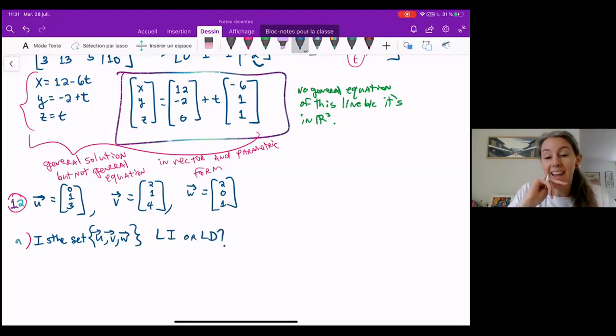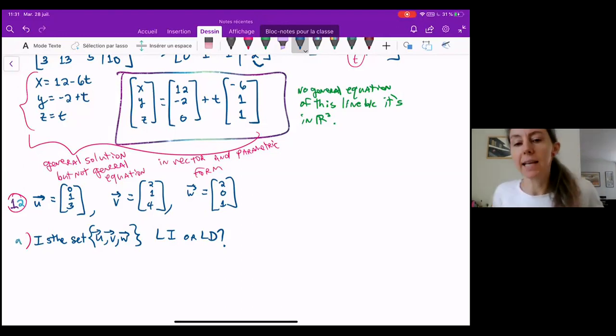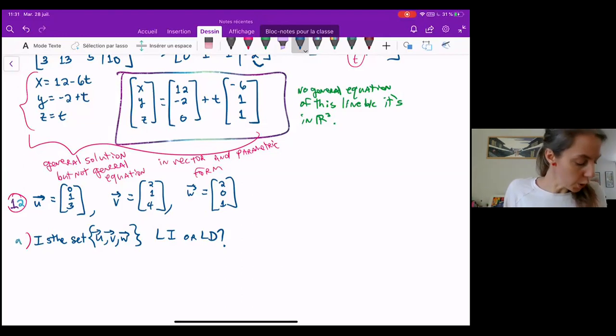So the answer is that I can't look at them and tell. I have to row reduce. So I have two options here. I could take the determinant or I could just row reduce. But the second question is asking me what they span. So I'm going to actually row reduce here. It's 3 vectors, so we have to do something. We have to do work.